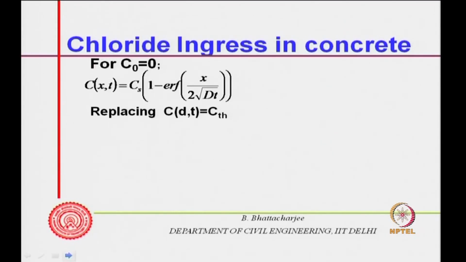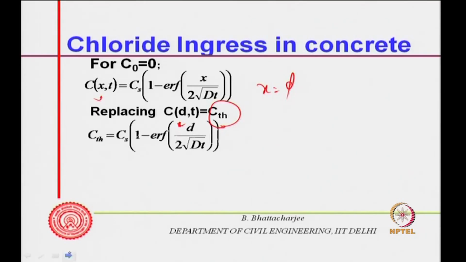Replacing C x t at the cover depth with the threshold, this C x t I replace by x equals to d, at x equals to d, and at some time C is equals to C T H, then I get C T H on this side, where this x is equals to d. Then this t is the service life.